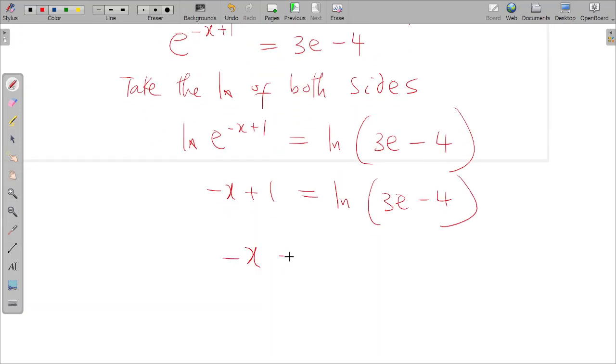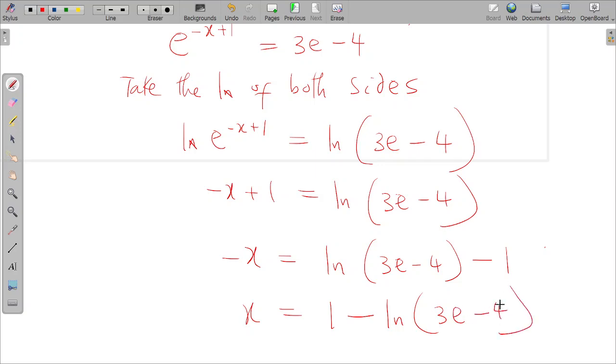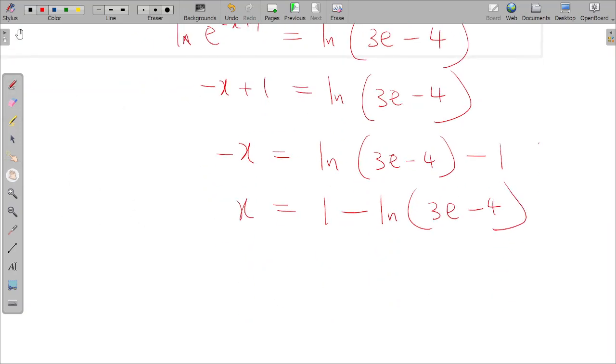So minus x gives us ln of 3x minus 4 minus 1. Okay, now x becomes, we multiply both sides by negative, then we're going to have 1 minus ln of this. Okay, that's our answer. So our x is now this.